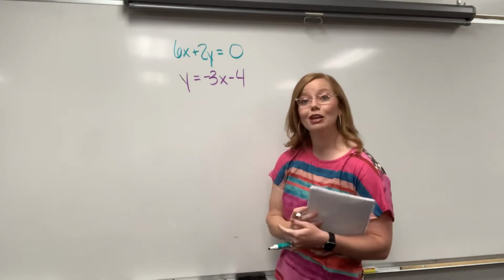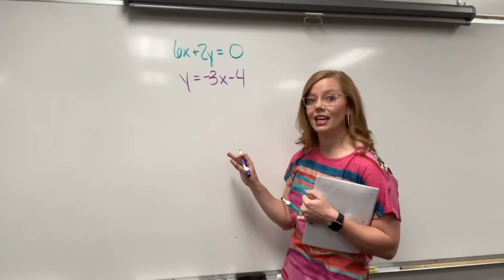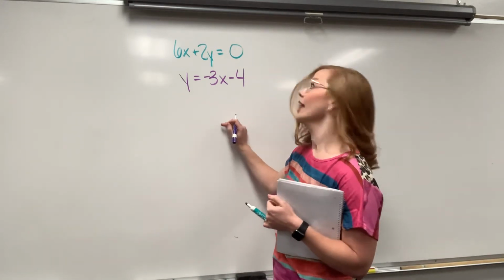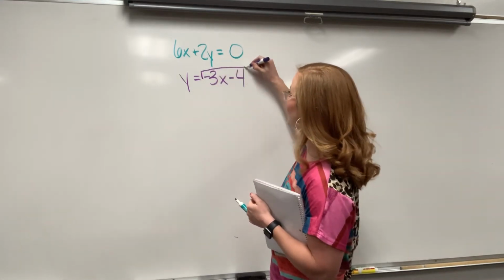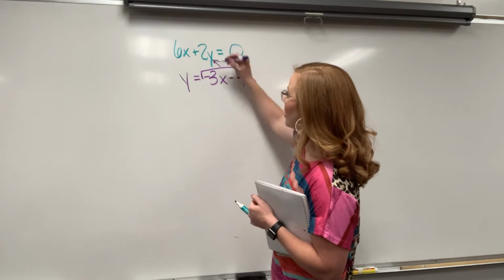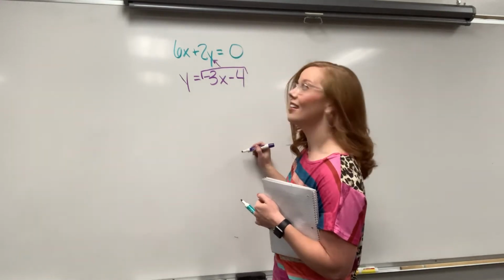I already have a variable isolated, so I don't have to do anything to isolate a variable. I can just plug it in. I know what y equals, so I can take this expression right here and plug it in for y.